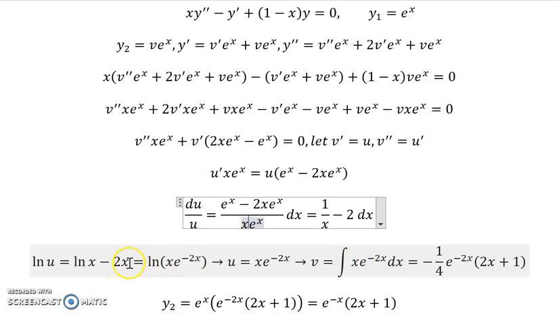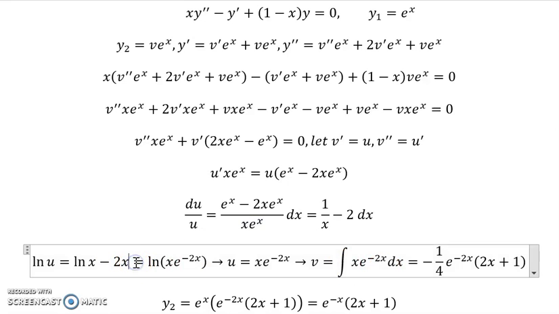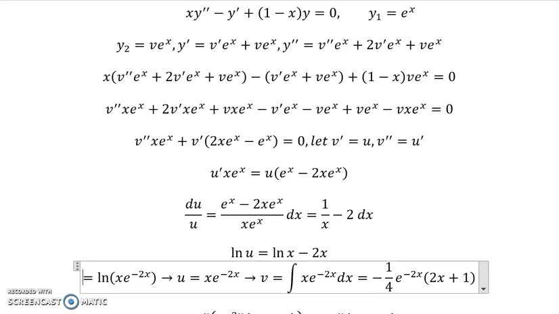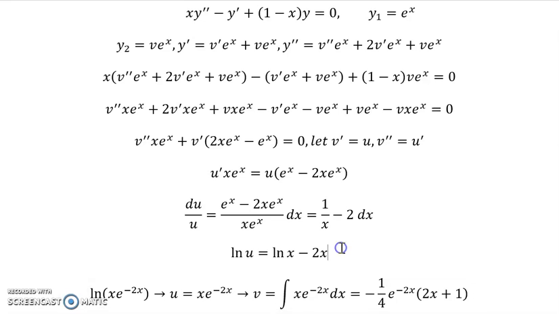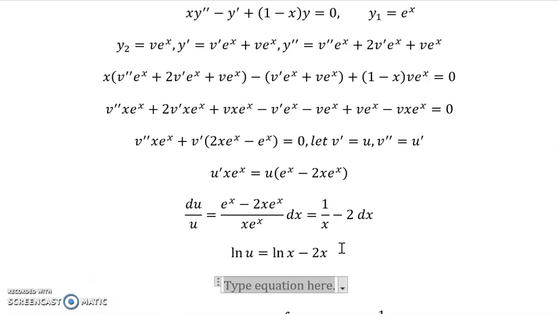So let's break that out a little bit. Negative 2x is equal to the natural log of e to the negative 2x, right?